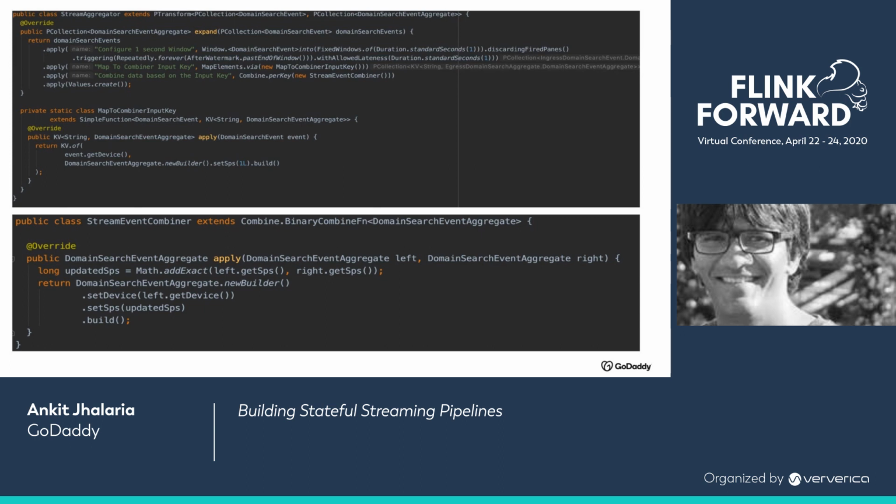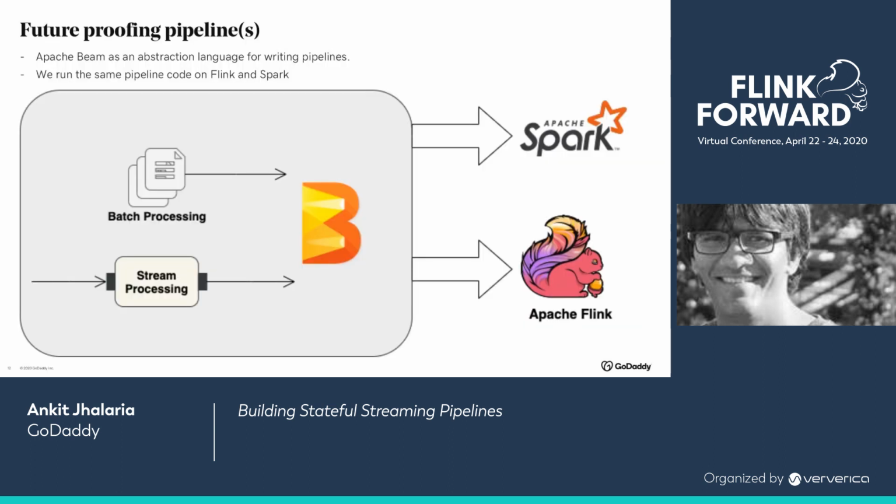This combiner is just a simple binary combine function that says, take what's on the left and what's on the right, and add those together. This is a very simple example of counting the number of searches per second. The end result is an aggregate which will have a count based on the device and gets emitted every second.